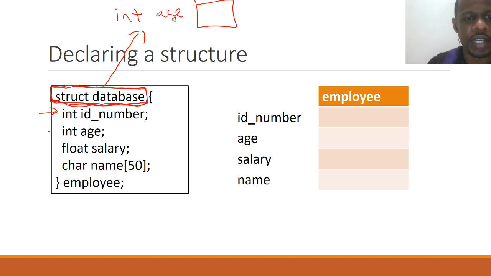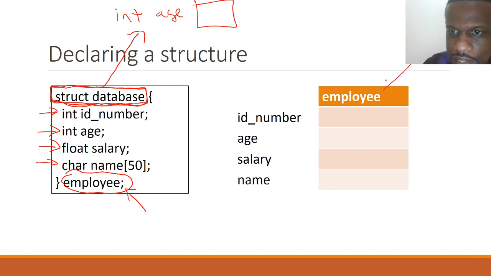Inside the structure I want an integer called ID number, an integer called age, an integer called salary, and a character array called name. And the name of the structure I want to be called employee. So this semicolon here ends off the structure.